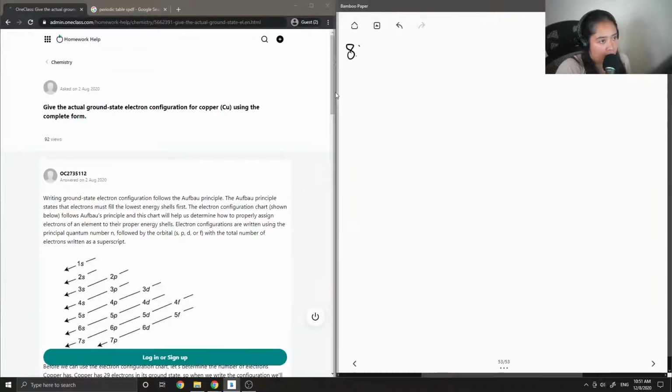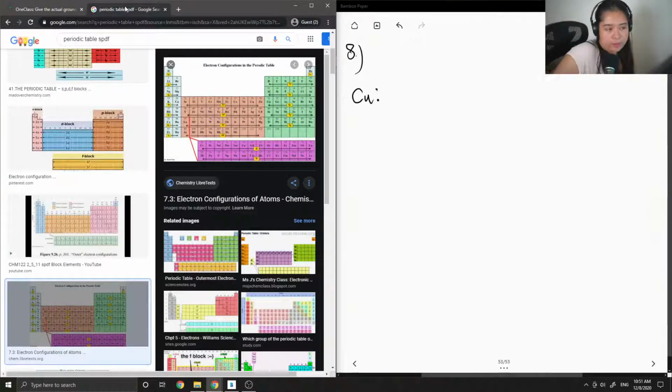Okay, so question 8. Give the actual ground state electron configuration for copper using the complete form. So to find the electron configuration, we first need to divide the table into different sections.